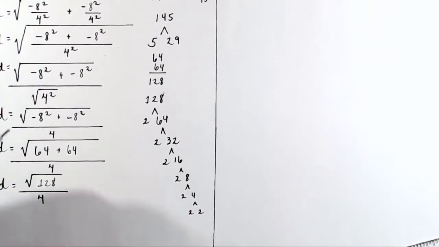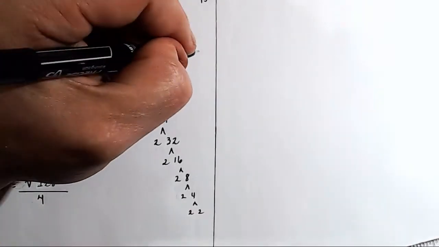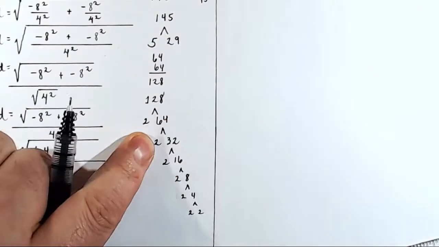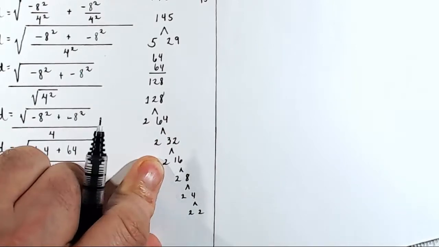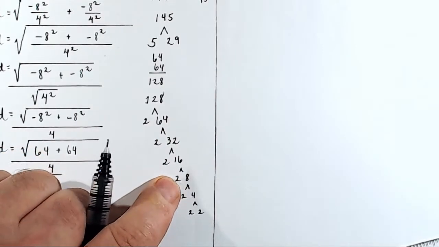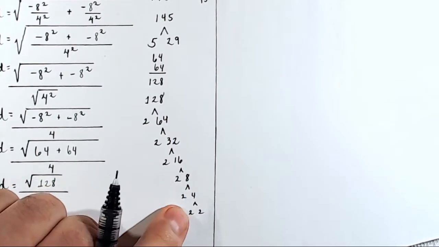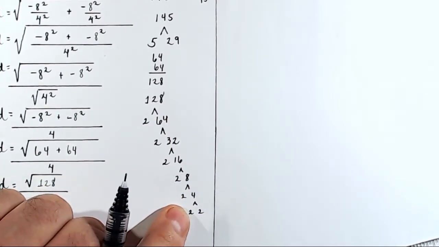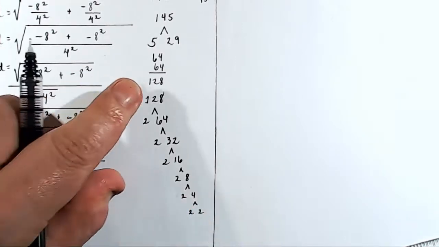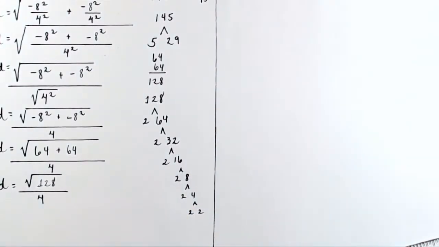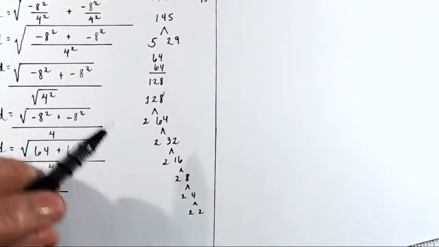All right, so let's double check that that's right. 2 times 2 is 4. 4 times 2 is 8. 8 times 2 is 16. 16 times 2 is 32. 32 times 2 is 64. And 64 times 2 is 128. All right? So here's how we can rewrite this.